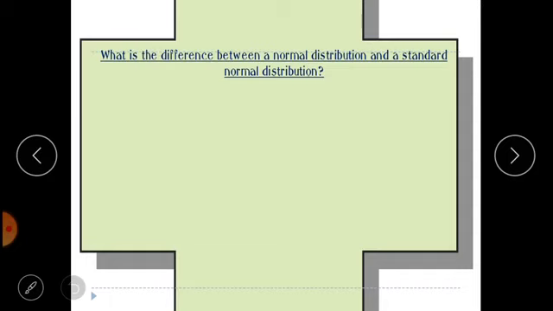Okay, it is determined by two parameters. So yung ating normal distribution, meron siyang dalawang parameters, which is the mean and the variance. Yung other term for the variance is yung standard deviation.